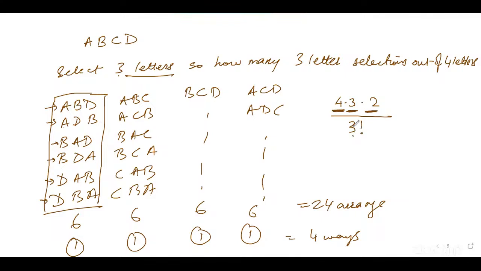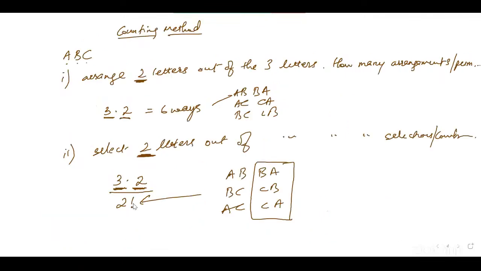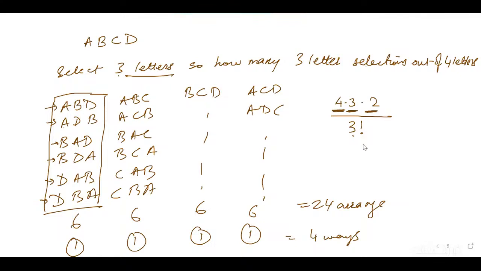So to say 3 factorial is much better than dividing by 3, because if you were to go with this logic that, okay, Neville, why not divide by 2, because 2 factorial is 2, then when you select 3, you would be dividing by 3 with that logic, which would give you an incorrect answer. So therefore, you should say divide by 3 factorial, and this 3 factorial is nothing but 6. So 4 into 3 into 2 upon 6 cancels out and gives you 4 ways of selecting 3 letters out of the 4 letters.